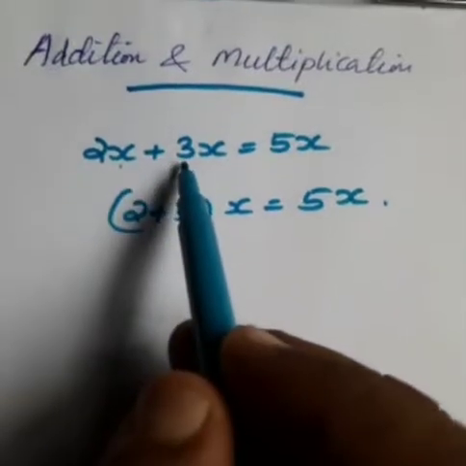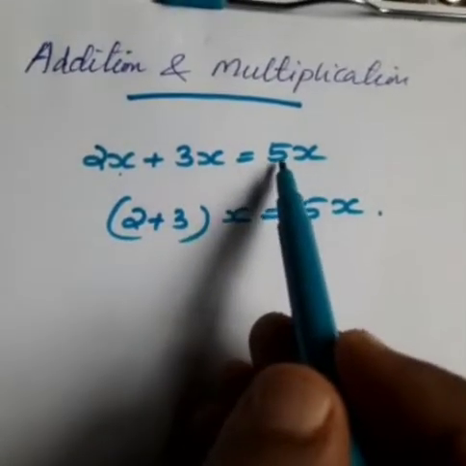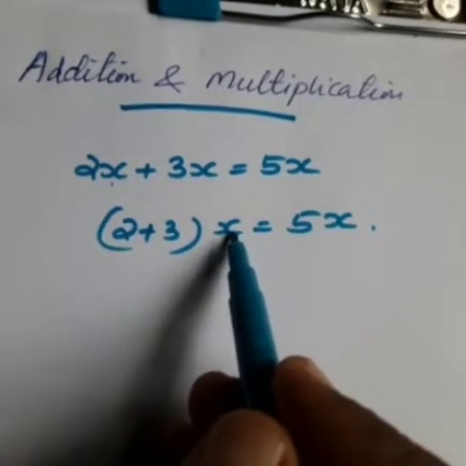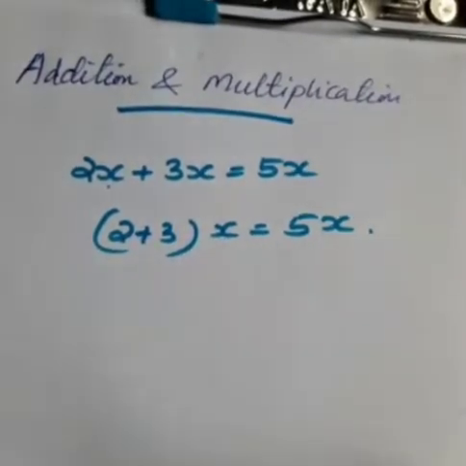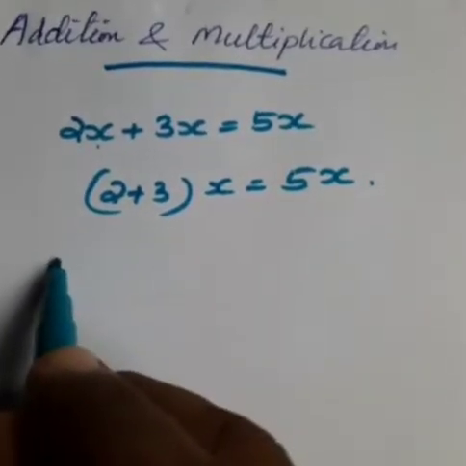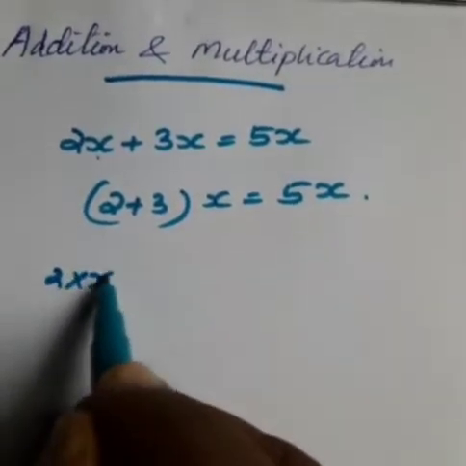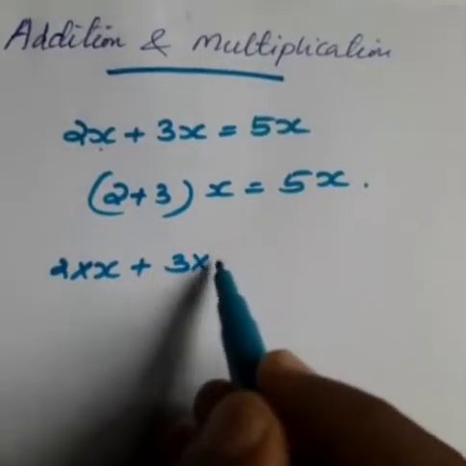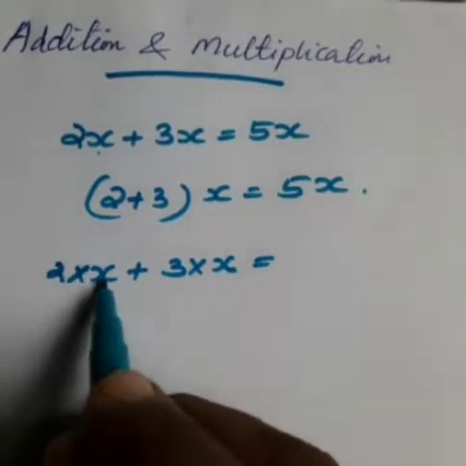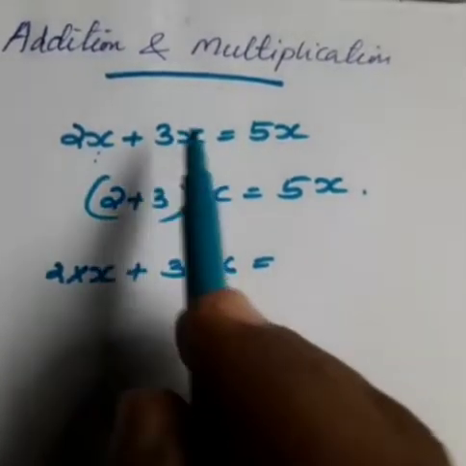2x and 3x are added, we will get 5x. Or x is the common one that you take outside. So 2 plus 3 into x is also 5x. Or we can write this one: 2 into x plus 3 into x. Okay, that is, 2 into x is 2x, 3 into x is 3x.